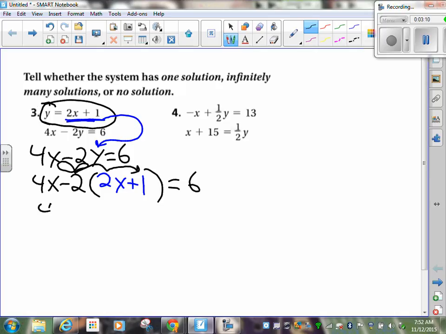So I'm going to take 4x minus, and when I do that, please circle that -2, because that goes with the 2. Some of you forget that. That's part of that number. So -2 times 2x is negative 4x. But when I write it here, it's actually minus 4x.